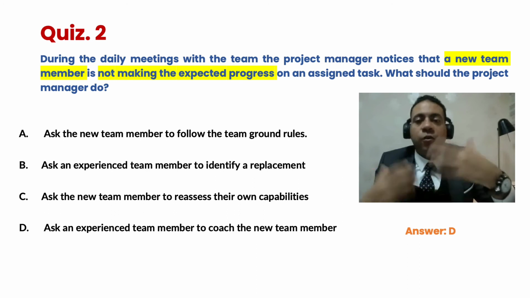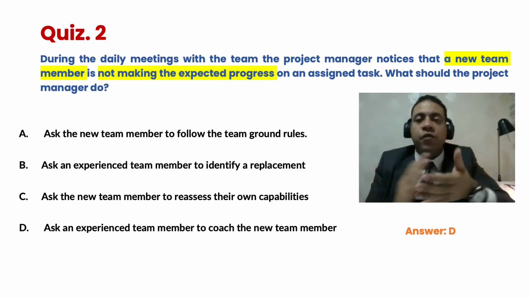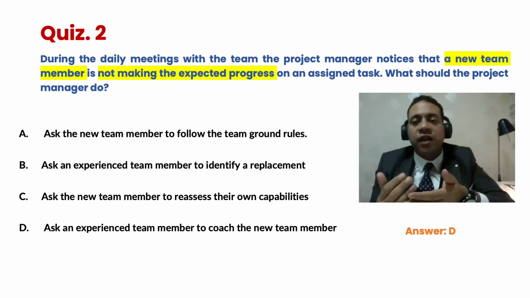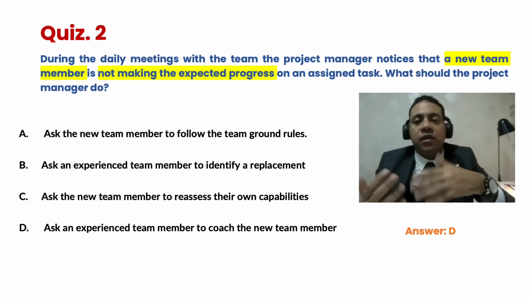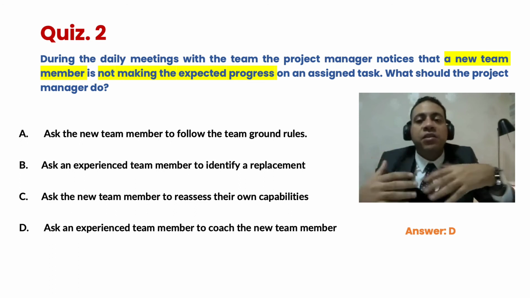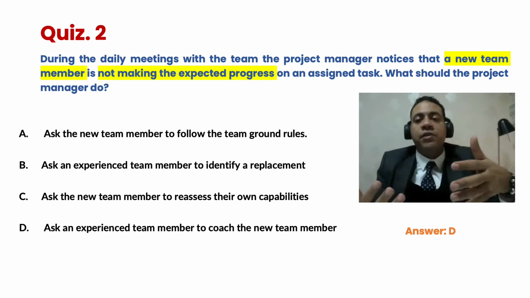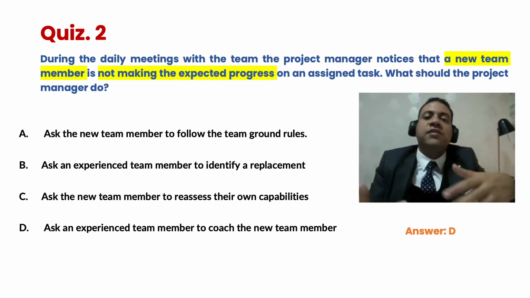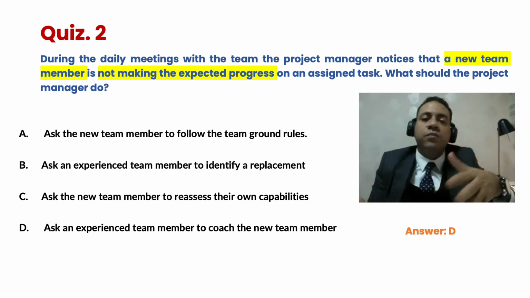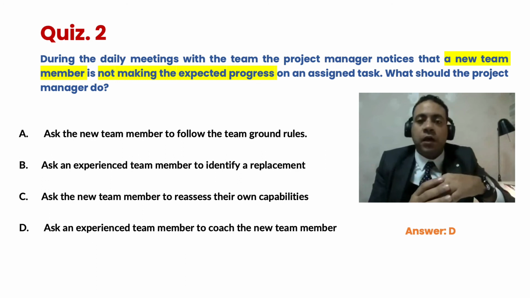Actually, as a project manager, you replace the team member if you fail to train him, if he doesn't improve his performance after training, if you fail to coach him, or if he doesn't make any improvement, or maybe he's not motivated to improve. So your job here as a project manager is to motivate the team member, train him, coach him, and try to pair him with a more experienced one. So answer B is not a wise answer.